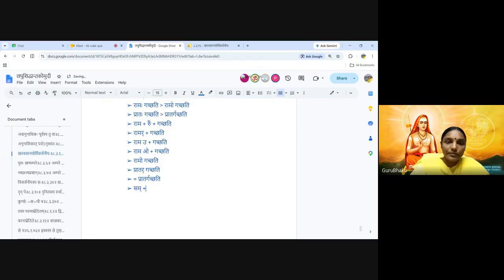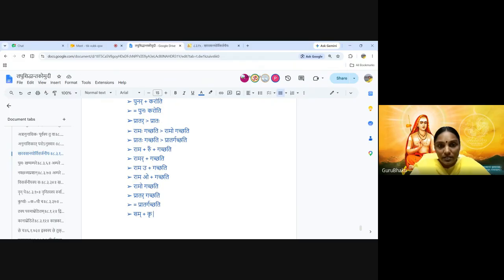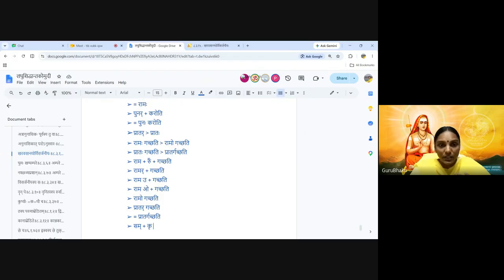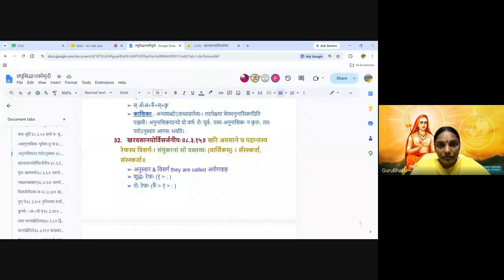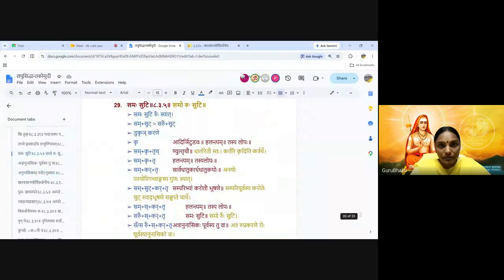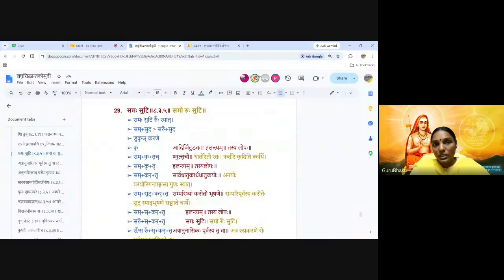Sam is there. Kru is there. Actually, we have to go to samasuti so that what is the form we will have from that. Samahasuti, samasuti, samaha ruhu suti.